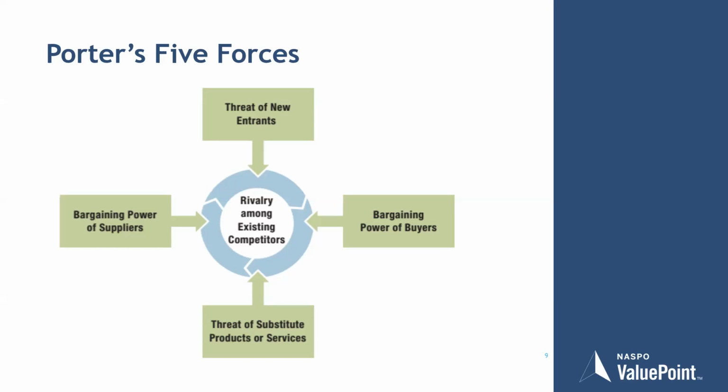You are the bargaining power of buyers, and you also have these forces exerted upon you with the bargaining power of suppliers. And so really what these forces do is tell you how much bargaining room you have and how much power you have within the industry. And that can really inform a lot of your resolicitations or your solicitations in a really important way.